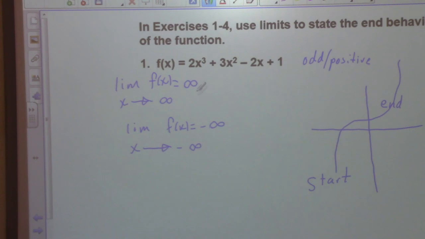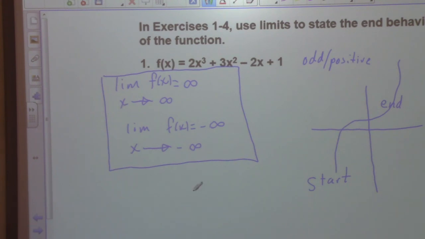They're going to have to be different because one starts low, ends high. So this is what it's going to be. And that, my young friends of Precalculus, is our answer.